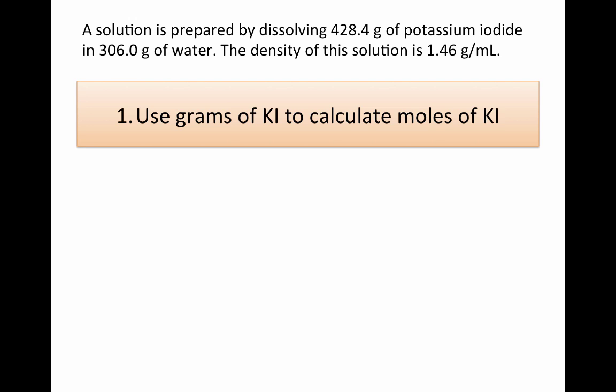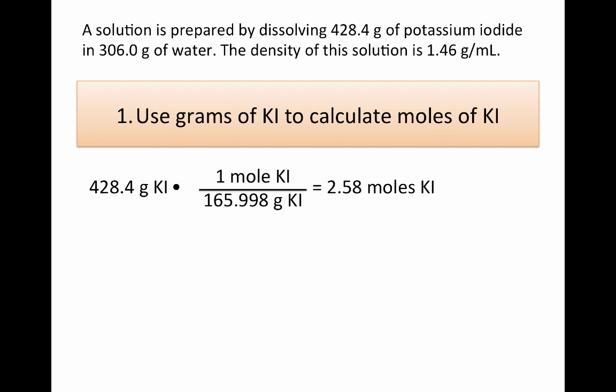So you look up the mass of potassium and you look up the mass of iodide, add those together to get the molar mass. And here's our conversion factor, 428.4 grams of KI with our conversion factor, that is the molar mass. That tells us that we have 2.58 moles of KI.